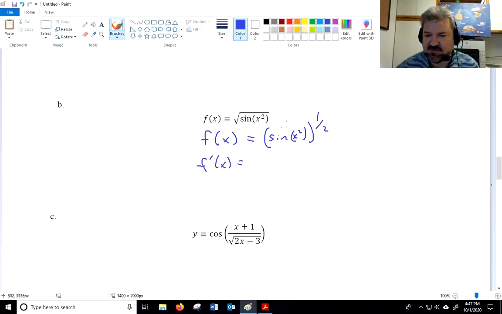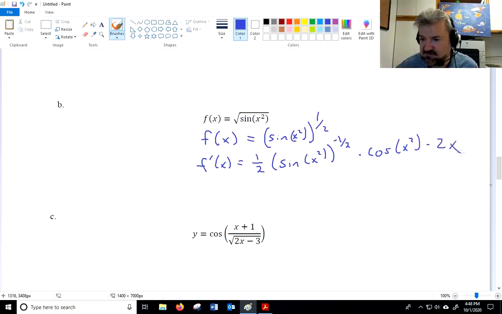All right, so this 1/2 power, I used a power rule, so 1/2 times sine of x squared to the negative 1/2. Then I multiply by the derivative of the inside. The derivative of the inside is the derivative of sine of x squared. Well, that is cosine of x squared. But then I got to take the derivative of the inside of the x squared, so it's times 2x. So you see we did a chain, and a chain, and a chain, right? We had to take the derivative, chain rule, chain rule. All right, let's do another one.